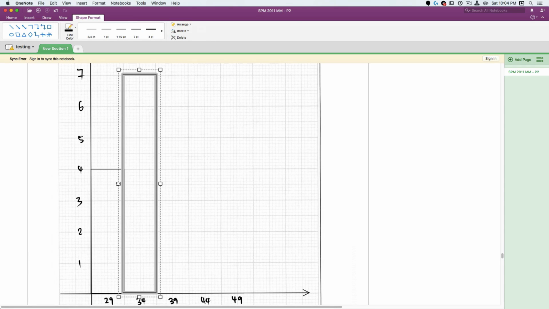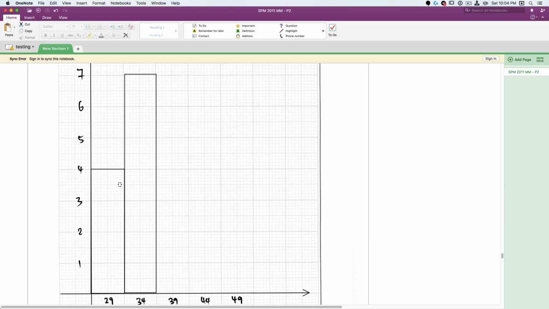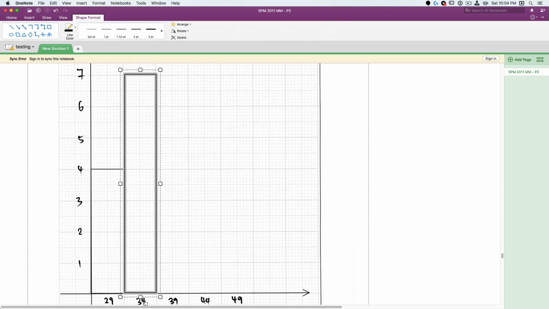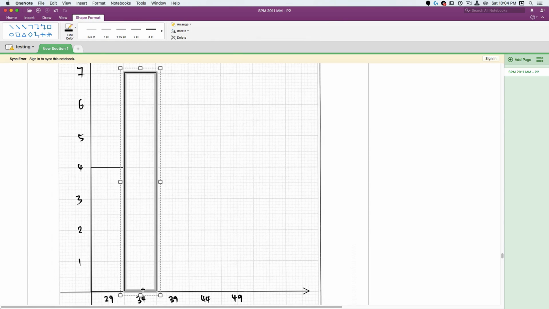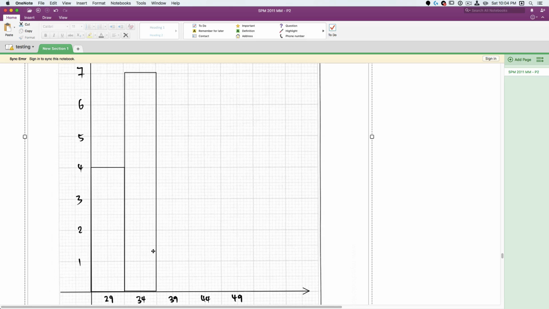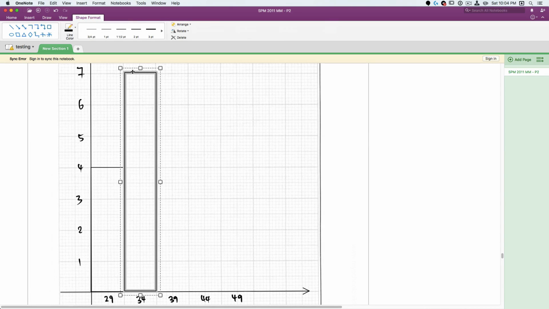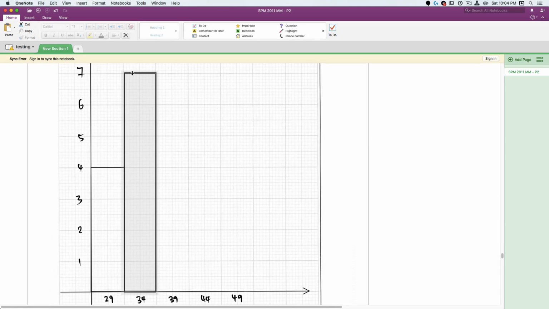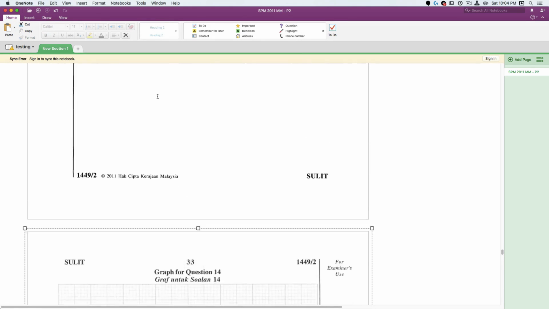Of course, you shouldn't touch here. Yeah, you should use a ruler to draw, it will be much nicer. We just move down a little bit. Okay, just draw as nicely as possible.